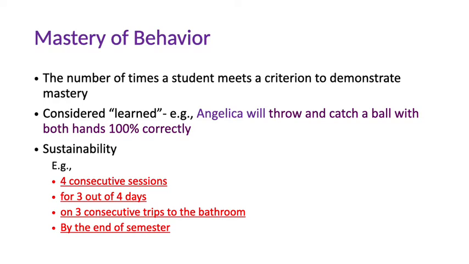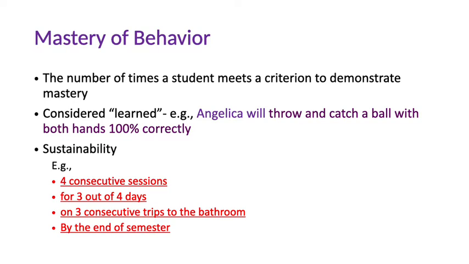To consider the behavior learned, we want to see that the behavior is maintained at a high level. So 100% correctly, 3 days in a row. Then we can say the student has learned that behavior. So that's mastery of behavior.